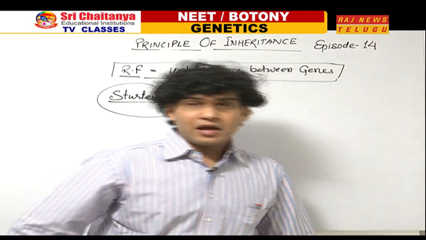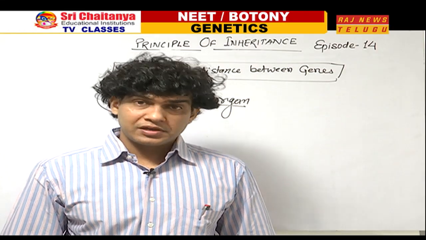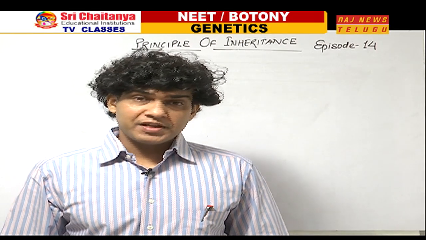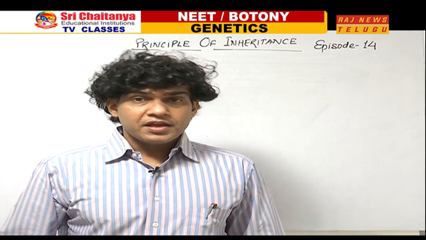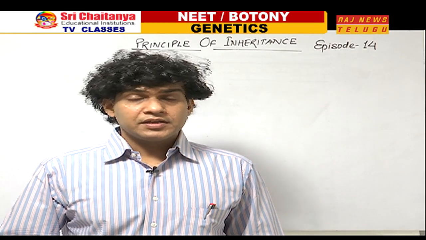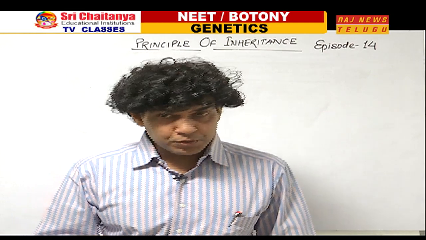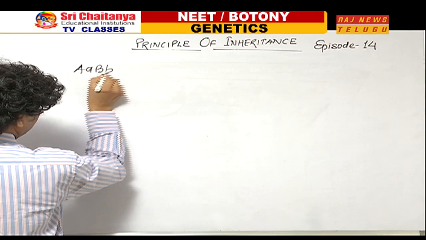It is the time now when we can discuss some numerical type of questions based on linkage. The first type of questions we can solve is on the basis of complete linkage. If the genes are showing complete linkage, then what would be the types of gametes any plant or organism will produce? Just for example, capital A small a, capital B small b.